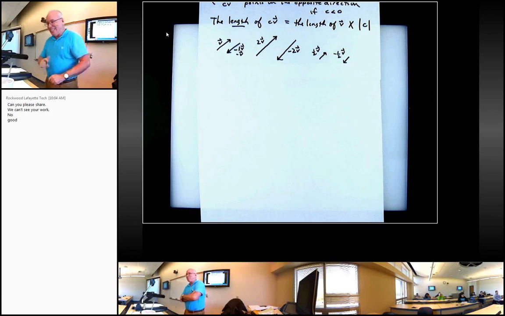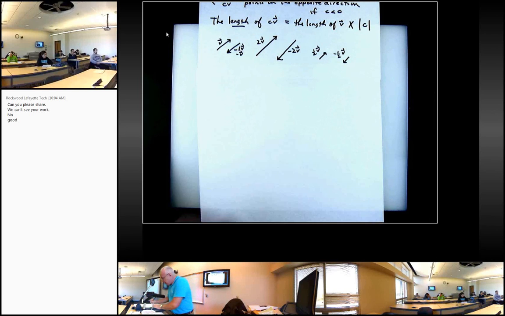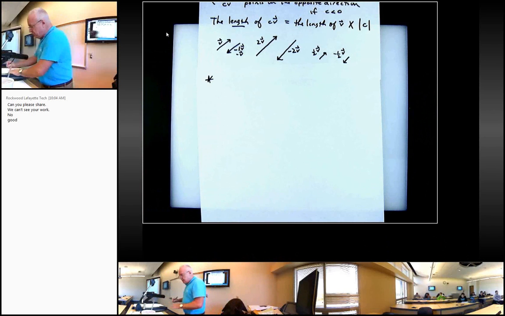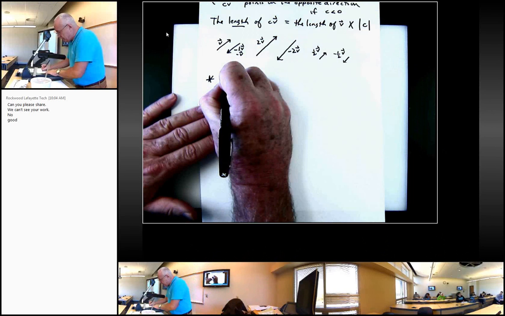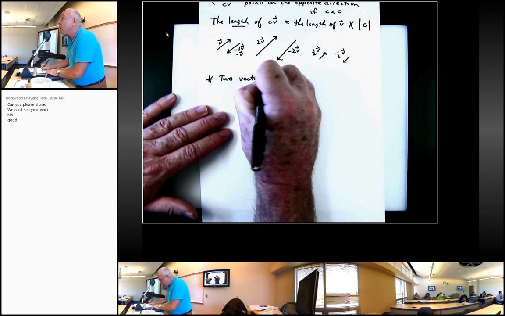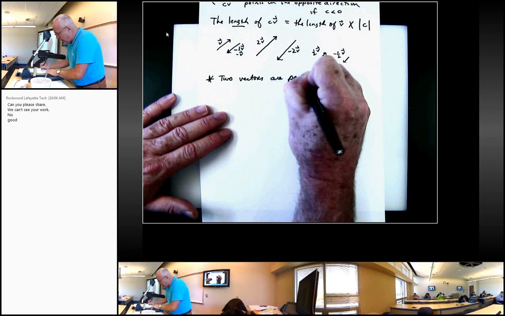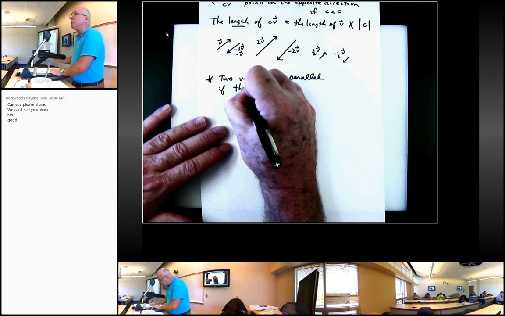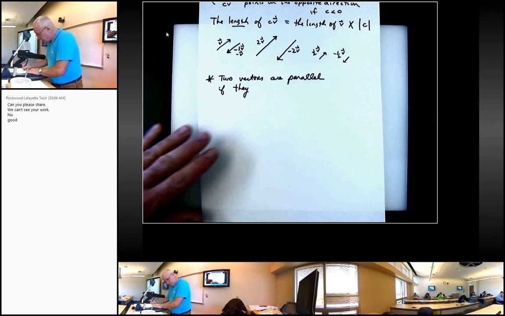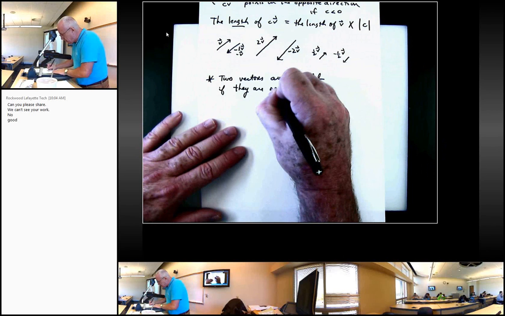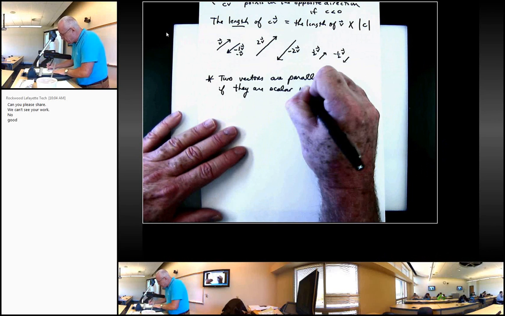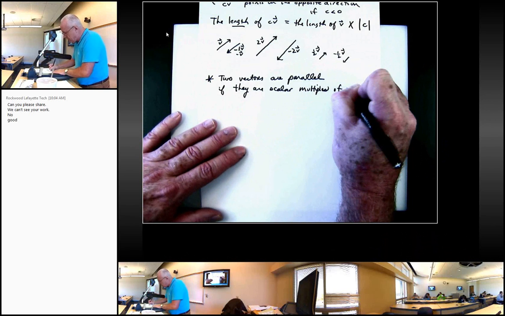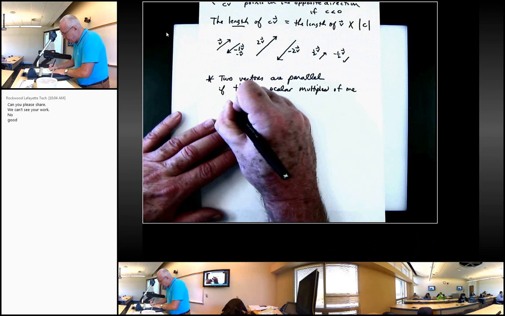All right. Let's put asterisks here, and this is the fact I want you guys to remember. Two vectors are parallel if they are scalar multiples of one another.